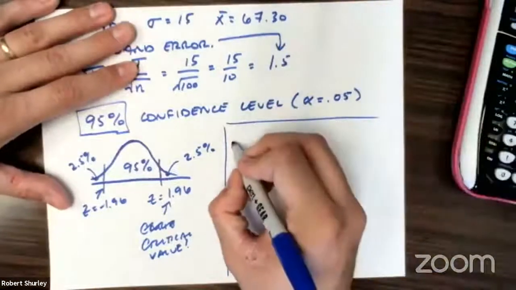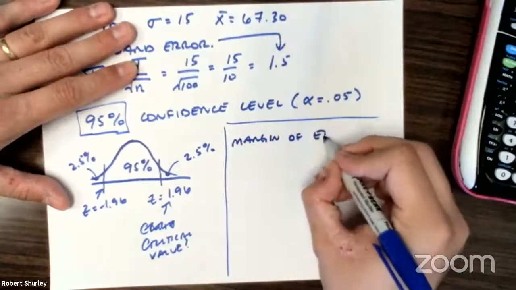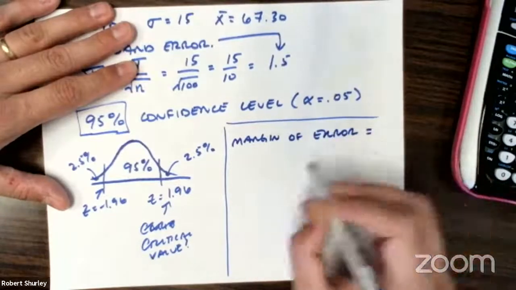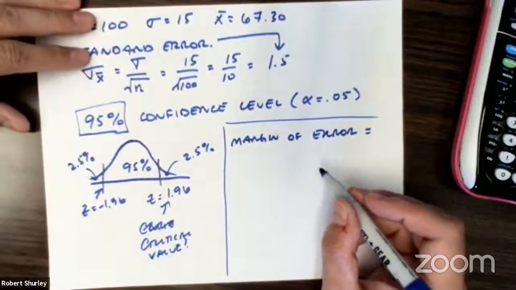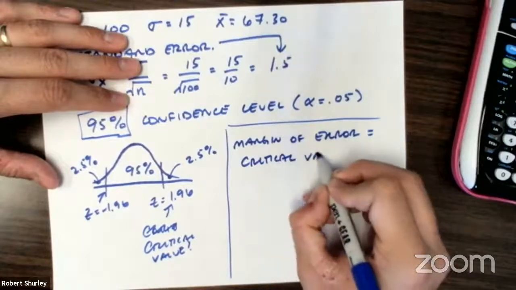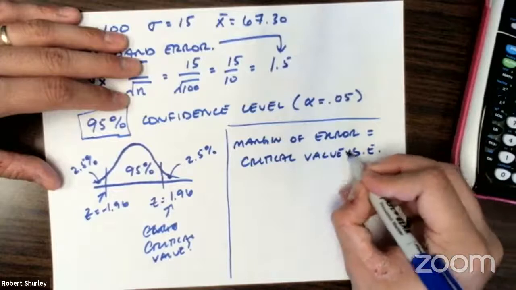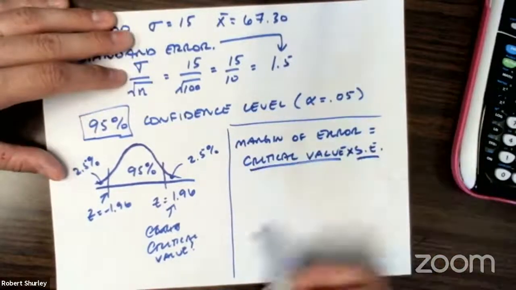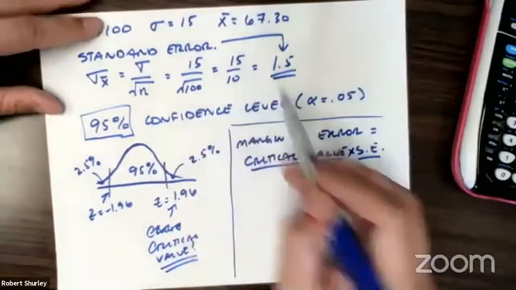So the margin of error is equal to just your critical value times your standard error. Critical value times standard error. I'm running out of room here. Our critical value is here, and our standard error is there, right?